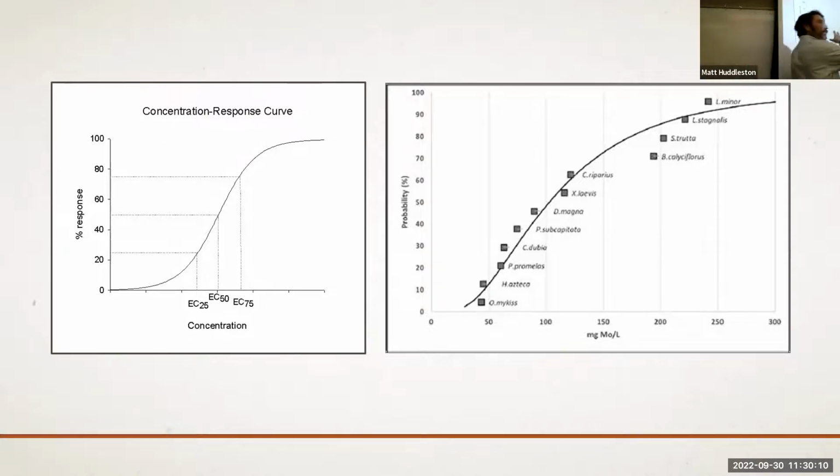If you do this for a number of organisms, then you can do something like this, and that's called a species sensitivity distribution. And so you're basically taking these data for different animals and plants, plotting them on a response and concentration level. And what do we do with that?